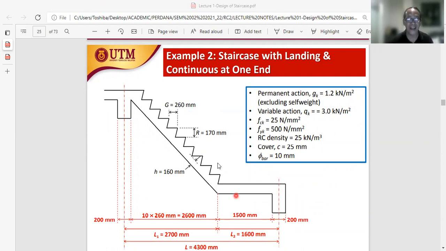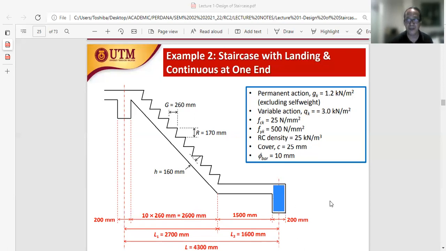Okay, as I was saying earlier, example number 2 is very similar to example number 1. Just that if you remember, this initially was where the location of our beam was in the first example, somewhere here. And now this beam has been taken right to the end of the landing.